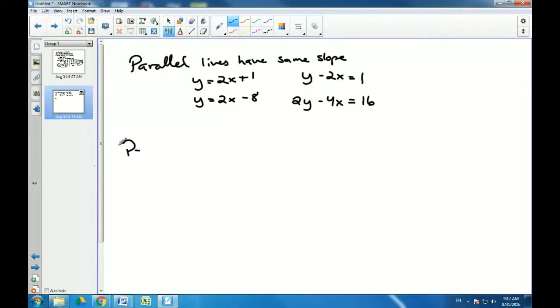Perpendicular. Let me say something real quick. y1 is parallel to y2. It's a notational thing that you see now. Parallel.